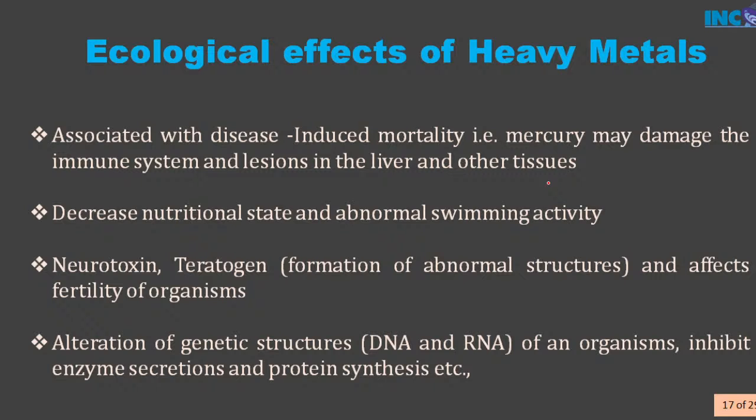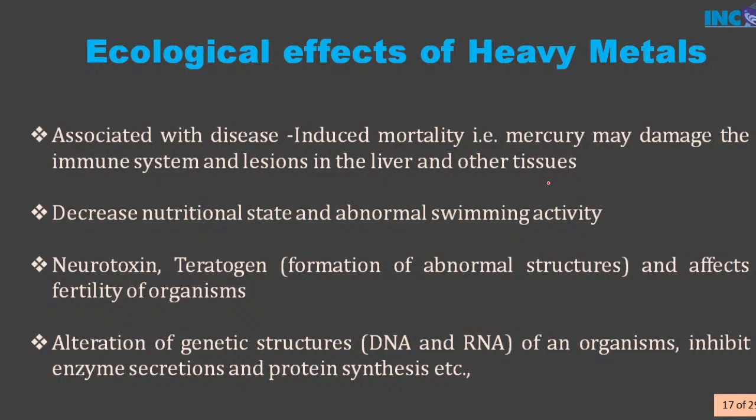Arsenic means black foot disease. Cadmium means itai-itai disease. Zinc means lung disease. These different diseases will occur. It will act as a neurotoxin and other toxins. It is also a teratogen, causing the formation of abnormal structures. Ultimately it will affect organism fertility.